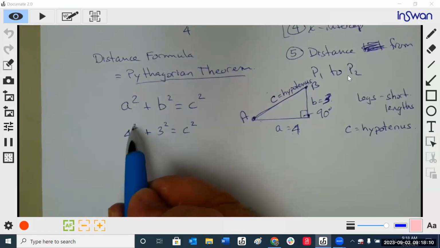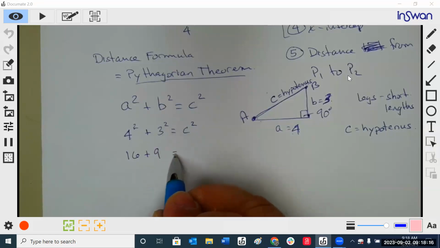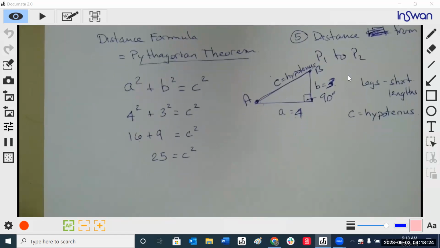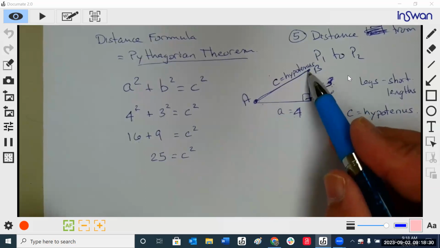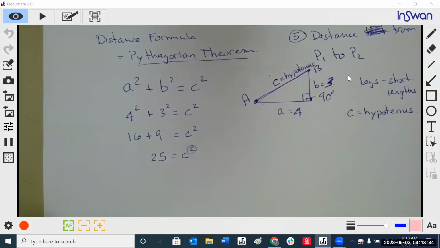What is 4 times 4? 3 times 3. 16 plus 9. But 4 plus 3 is 7. Is that 25? No. C squared is 25.